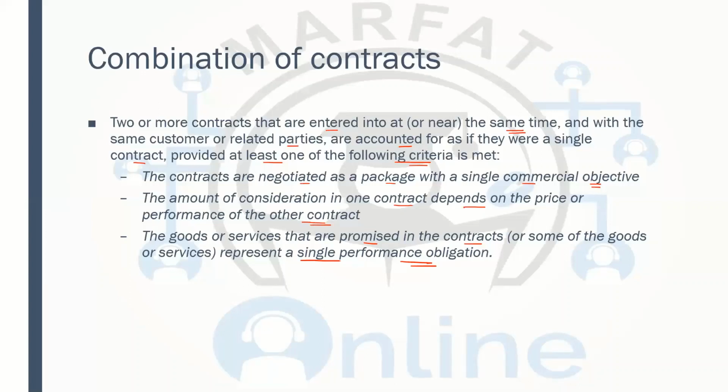But the contract will be treated as one contract because there's a linkage of those goods. The price quoted is dependent on each other, and those performance obligations will be provided simultaneously. So if there are different contracts with similarities, those contracts will be treated as a single contract. These are not different performance obligations. This is going to be a single contract.